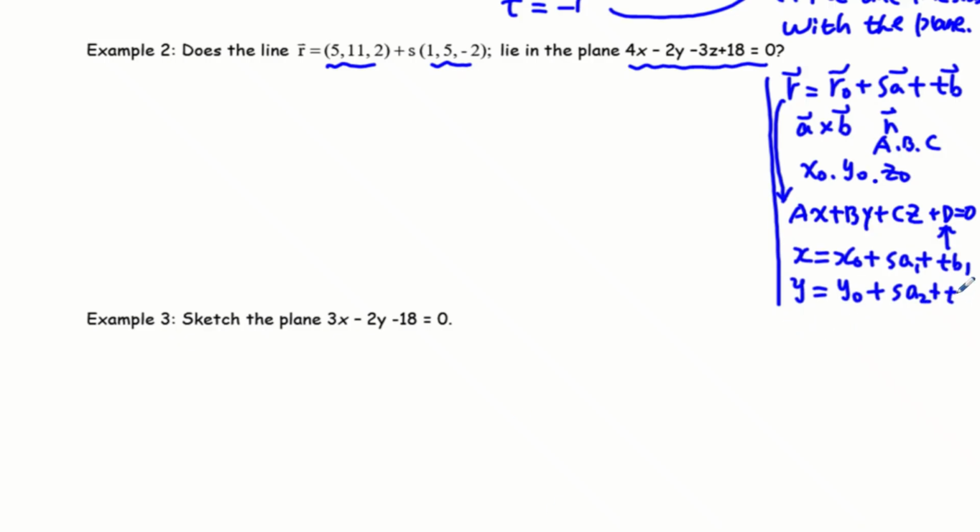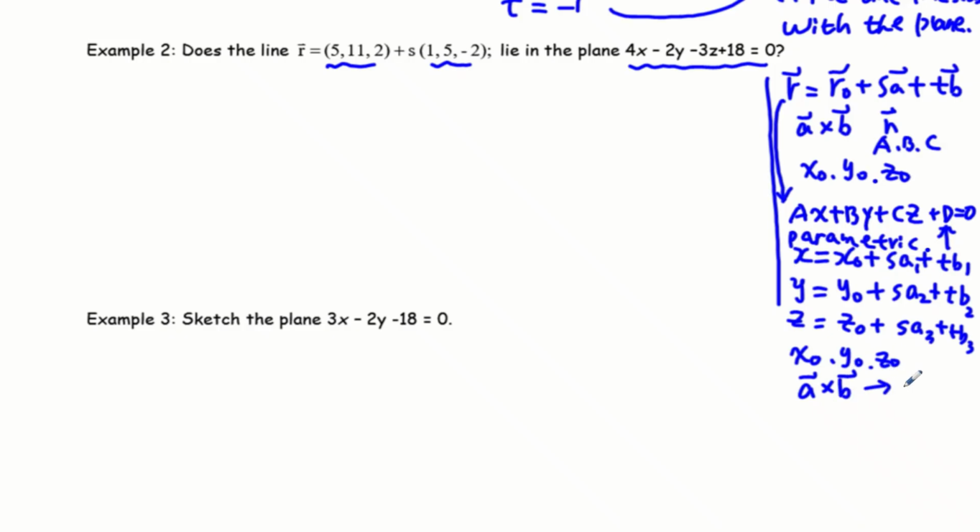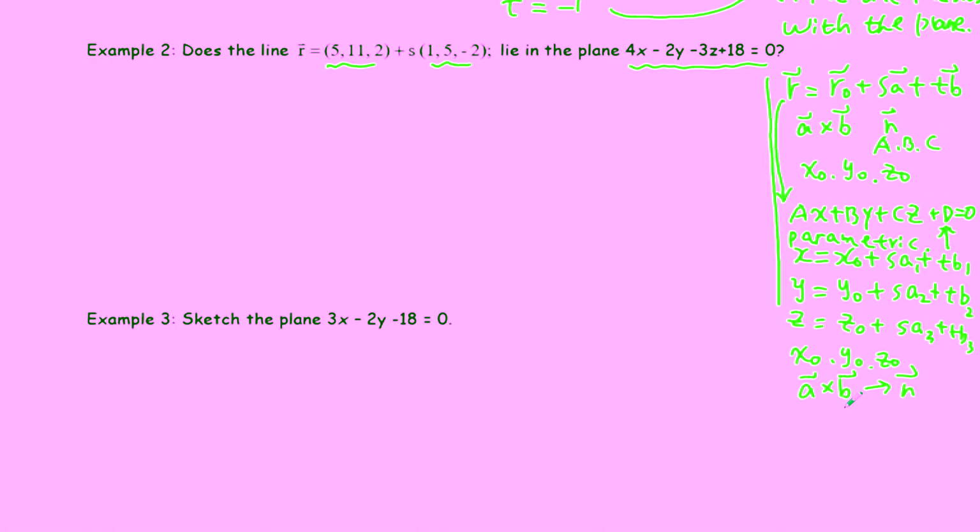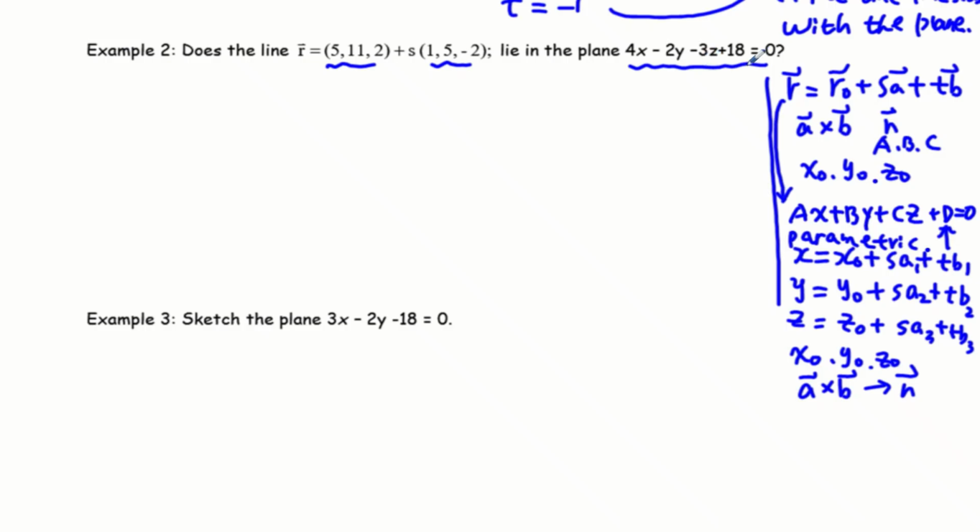So y direction, z equals z0 plus s·a3 plus t·b3. If it's given in this parametric equation form, then what we can do is find x0, y0, z0, then from A and B, find the normal, then go back to this equation, sub in the normal ABC, x0, y0, z0 to find the D, then convert it to this Cartesian equation, okay?